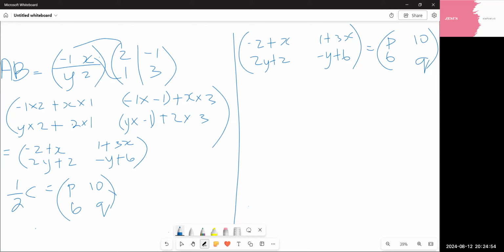And we're going to equate corresponding elements. So first in the first matrix is equal to first in the second matrix because they said that these two matrices are equal. So we're going to have negative 2 plus x equals p.